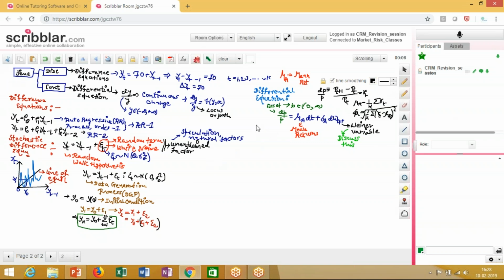So I say that the variable x belongs to minus infinity to plus infinity, right? So x is a continuous variable, right?